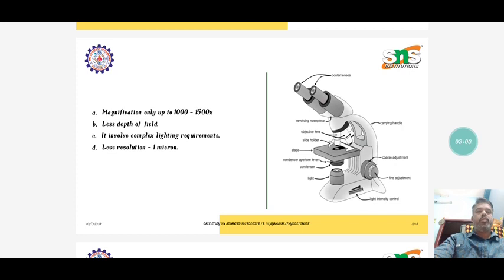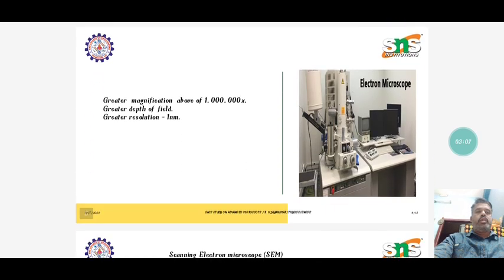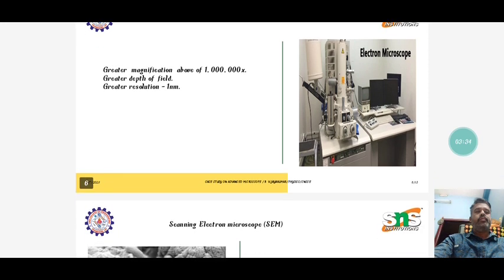The resolution is about 1 micron. But the next level, the electron microscope, has greater magnification, about 1 lakh times compared to optical, greater depth of field, and a greater resolution of 1 nanometer. So we start from the nano range using these microscopes. This is the starting point of the research microscope, the electron microscope.